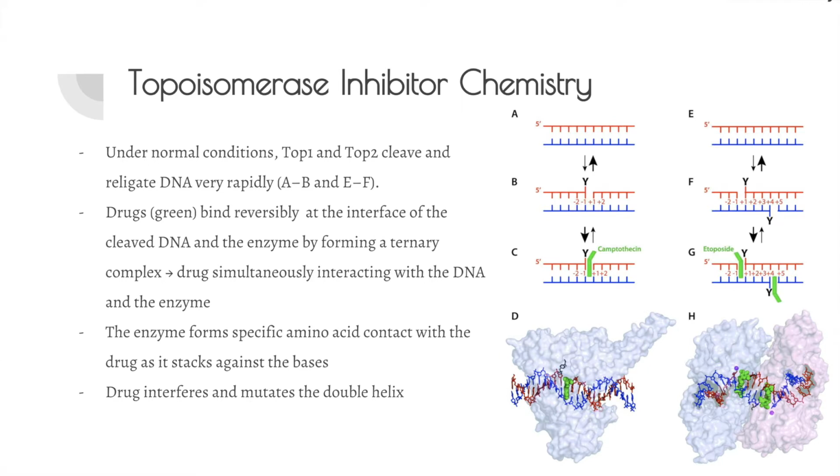This works because the inhibitors simultaneously interact with the DNA and the enzyme. The topoisomerase enzyme forms specific amino acid contact with the drug because it thinks that it is stacking against the bases. The drug can then interfere with the bases and cause mutations that force the cell into apoptosis.